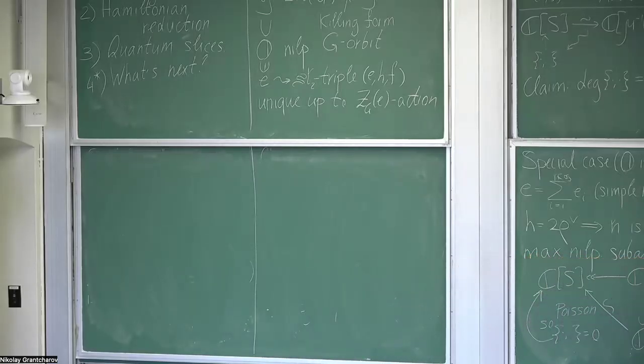Now, I need two things. I need a filtration here, and I need an isomorphism on top. So where do I get a filtration? Well, I have a modified grading on S(g).